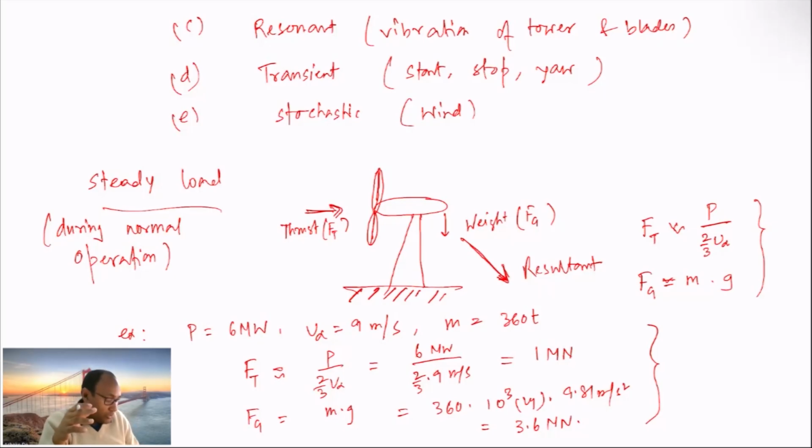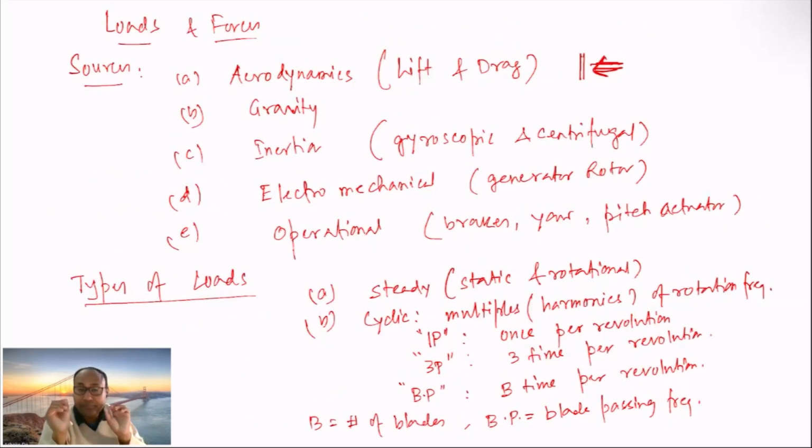So if I quickly recap, you have different sources of loads. Primary loads come from your aerodynamics, then you have gravity, you have inertia, which is because it's a rotating system, so gyroscopic motion, centrifugal motion. You have the electromechanical system, which is generators and all these.